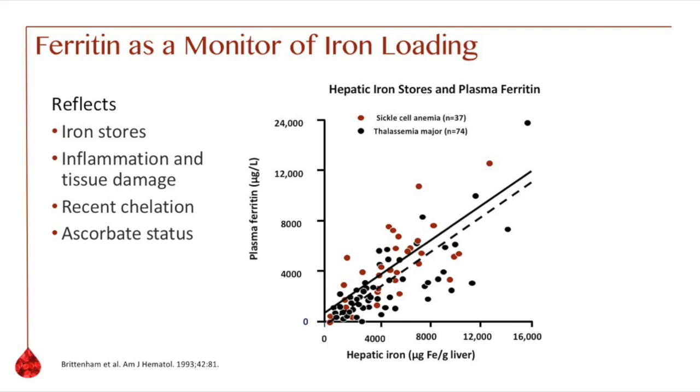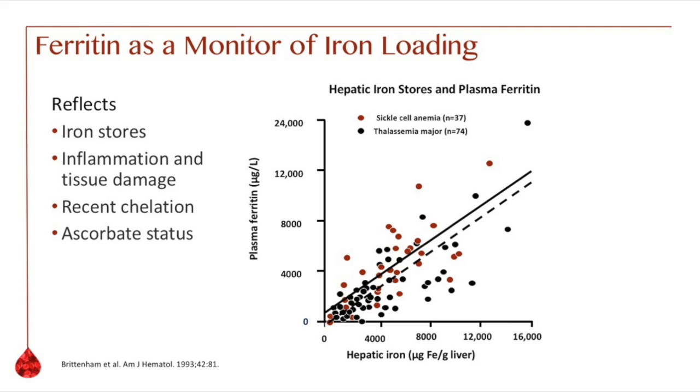For low ferritin levels, the correlation between plasma ferritin and liver iron load was not as strong. It is important to note that serum ferritin levels can be affected by inflammation, abnormal liver function, and metabolic deficiencies such as vitamin C deficiency. In addition, serum ferritin becomes a much less reliable measure of iron level once chelation therapy is started.